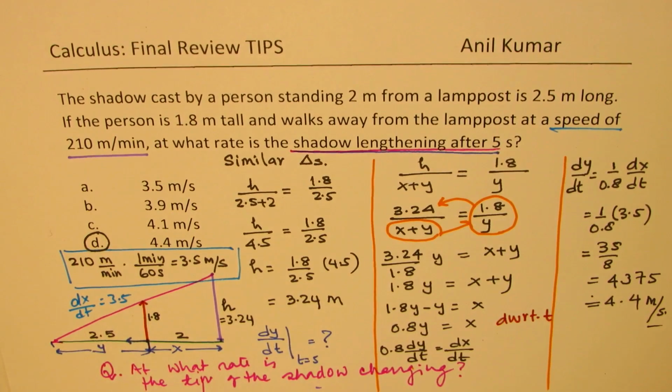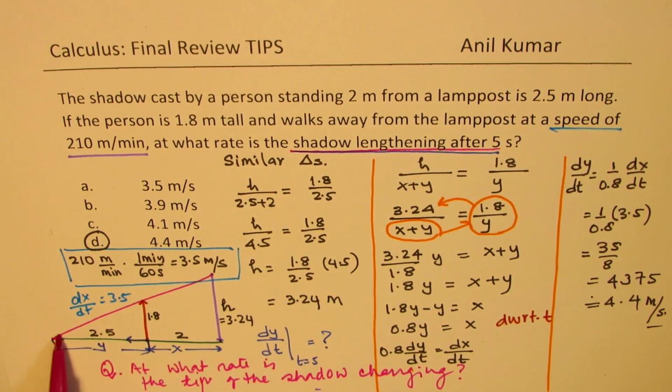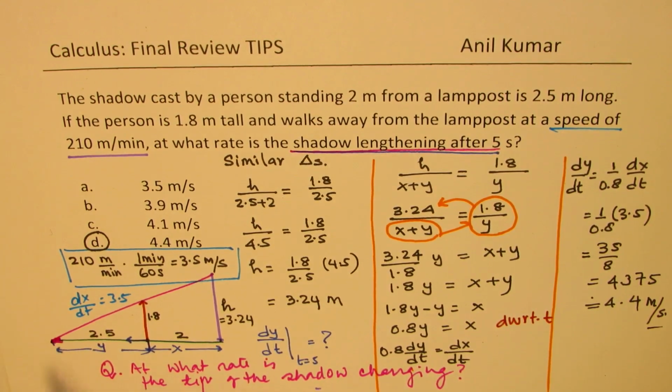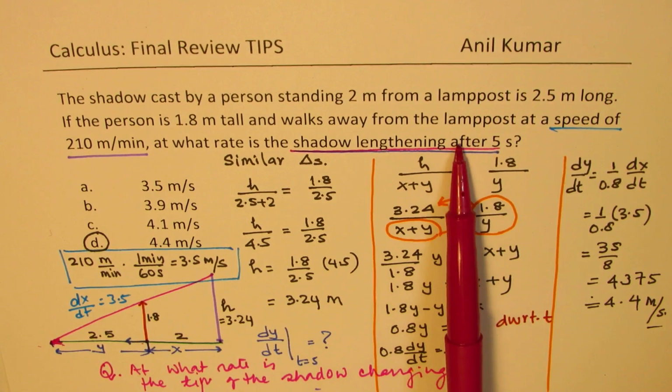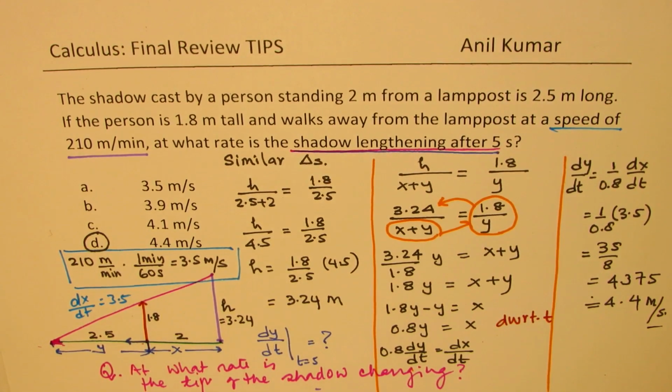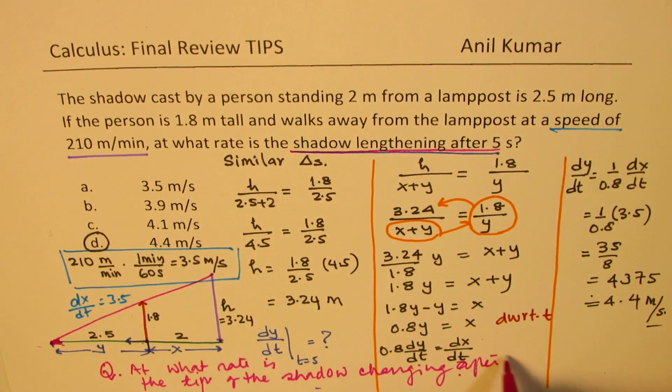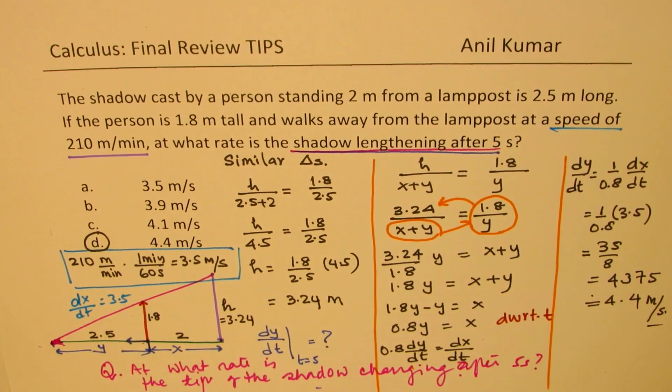So that is a very interesting question for you. So when I say at what rate is the tip of the shadow changing, in that case you have to look for the whole length, right? Not just y. That is the difference. So take this as your challenge question, solve and figure out what should be the rate at which the tip of the shadow changes after 5 seconds. Correct. So let this be the question for you.